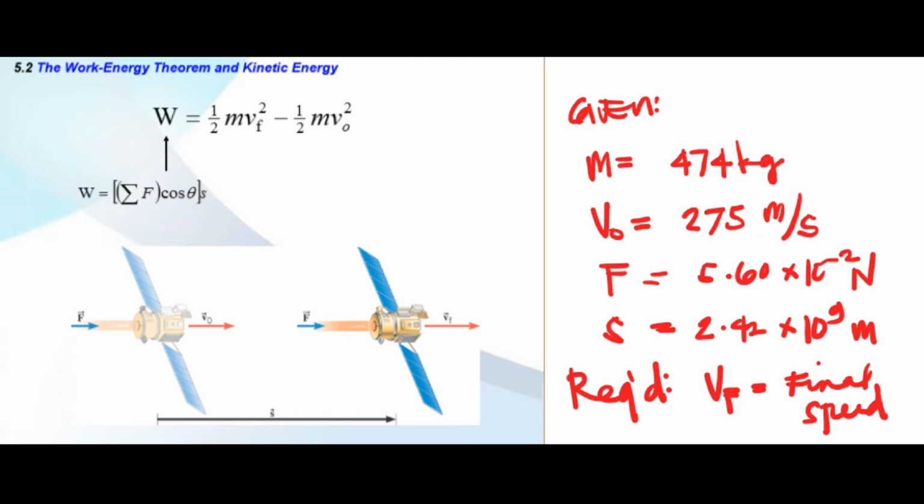But work, according to our previous discussion, is the summation of force cosine theta times s. So this is the work: summation of forces cosine theta times s. So we can substitute it to this W here in this equation.